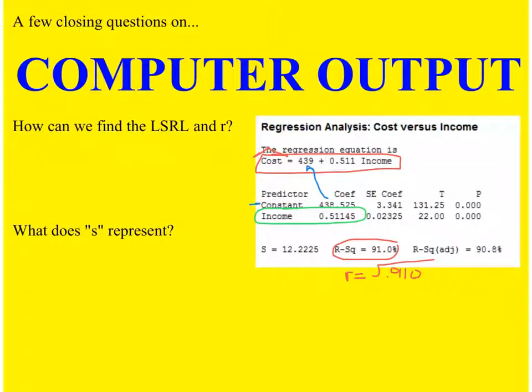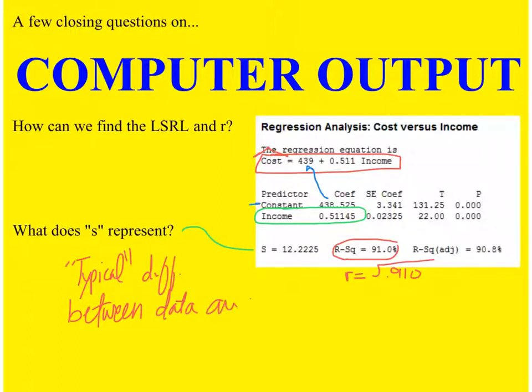And finally, S. You see this value S over here. What S represents is what we say is a typical difference between the data points and the regression line.